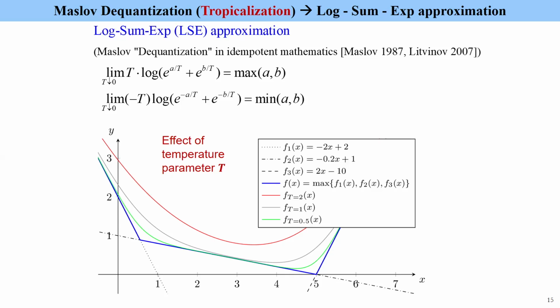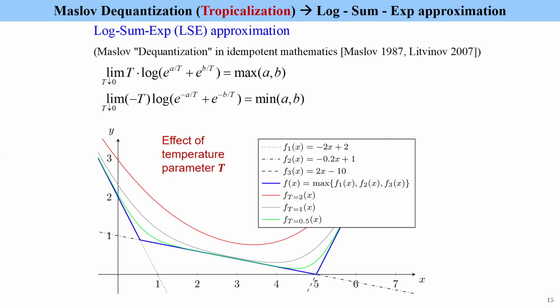And below you see several examples of smooth functions and the effect of temperature, where by letting the temperature go to 0, you obtain the dequantized version, the blue one, which is a tropical polynomial.